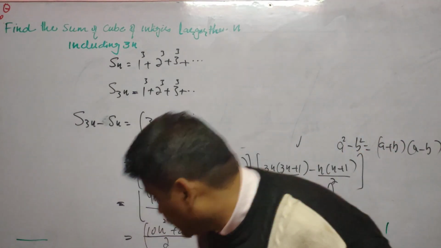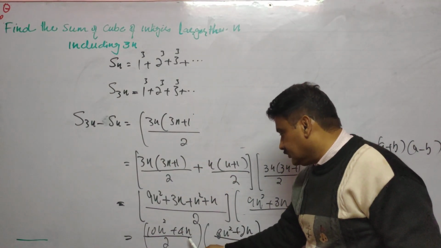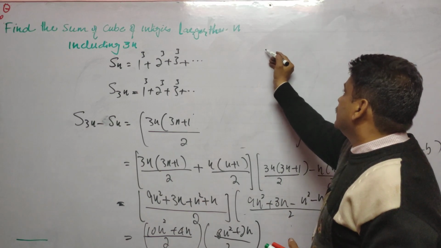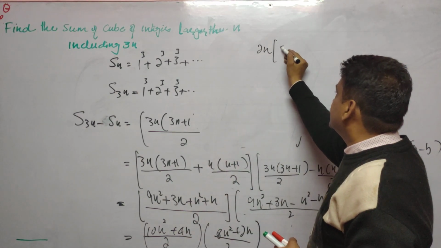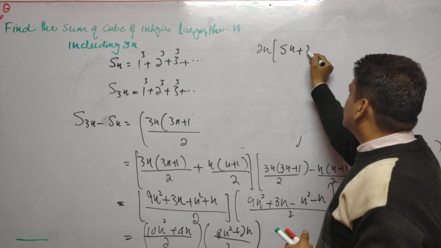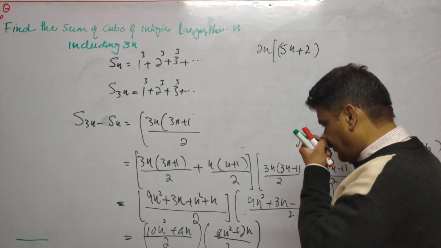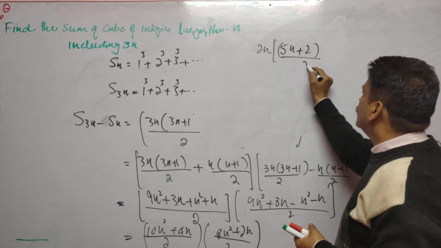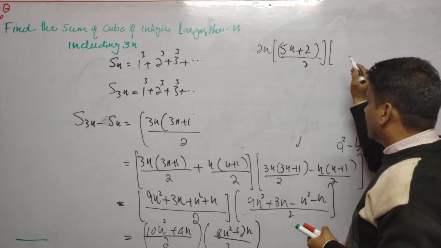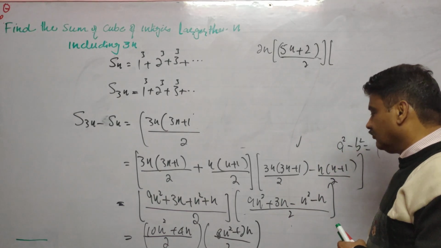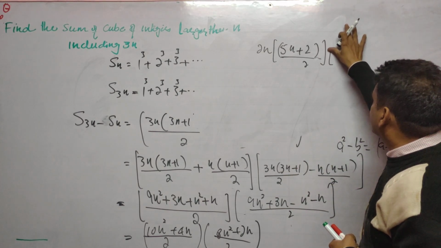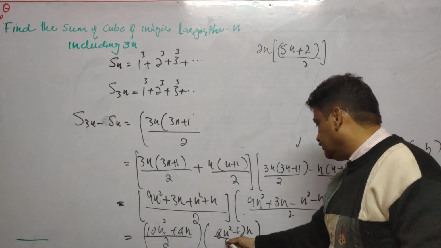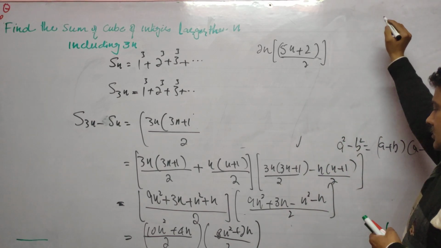You know, if we take 2n as common from the first bracket, we will get 5n plus 2 by 2. From the second bracket, we will take common just 2n.